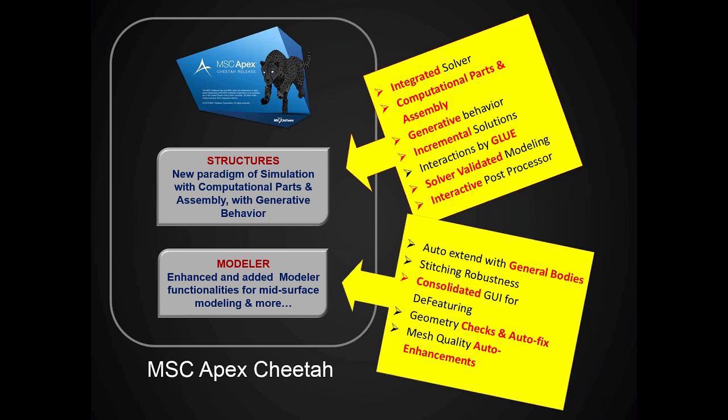The continued enhancements on the modeler include auto extend capabilities that work with general bodies, and we continue to improve the stitching robustness. We have also consolidated the two different GUIs that we had for defeaturing into one, and we also include what is called checks and fix of the geometry, and we use our kernel power to do the checks. When the model is imported, if there is any corrupt data, we automatically detect it.